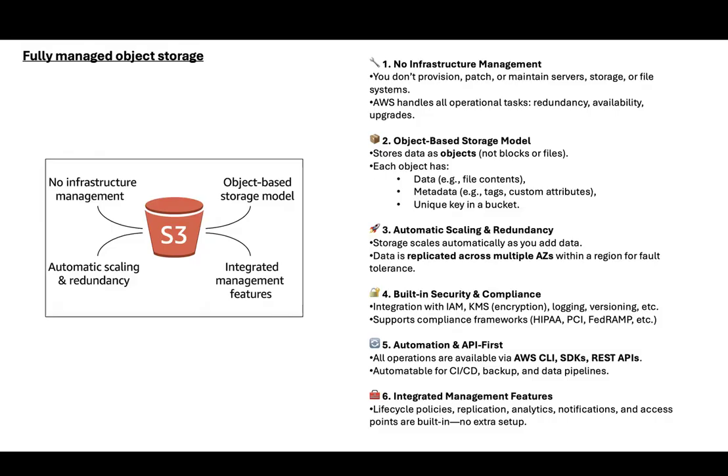Along with that, it has metadata, which is your tags and attributes, like who has uploaded that data and what sort of data it is. And along with that, the unique key in the bucket, which is the unique name of the object. That's how the object-based storage model works.